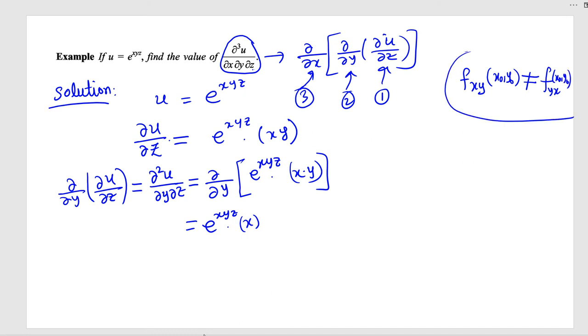So this order is very important. You cannot just say that del 2 f del x del y or del 2 f del y del x are equal, because we don't know whether this limit will exist and whether they will be equal or not.